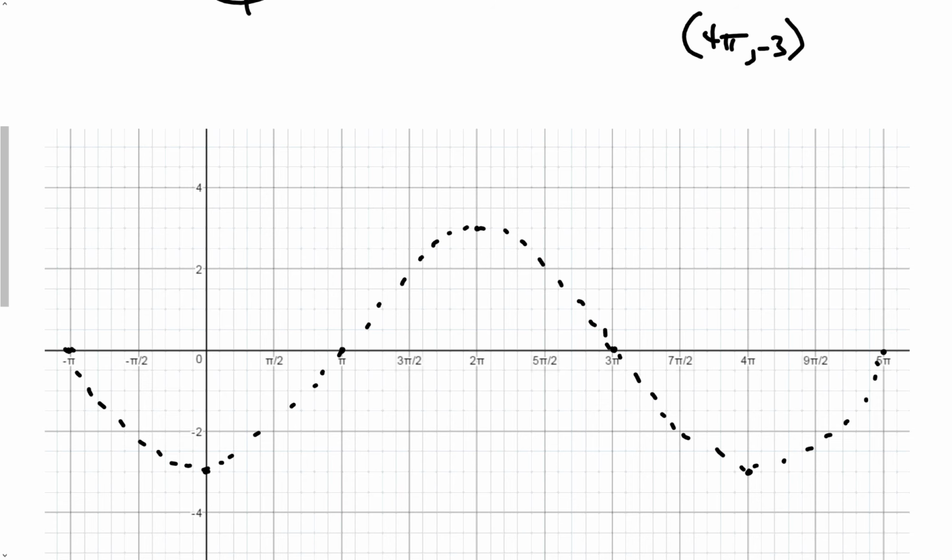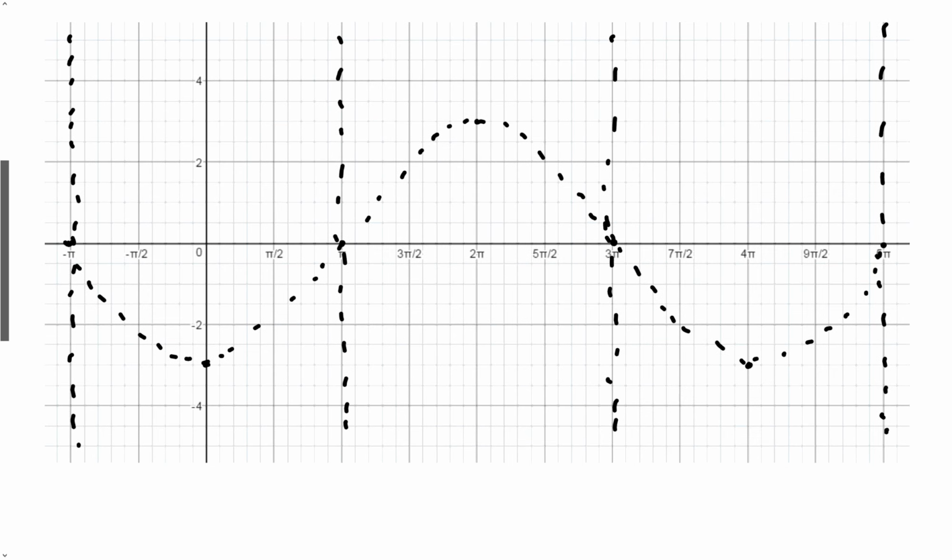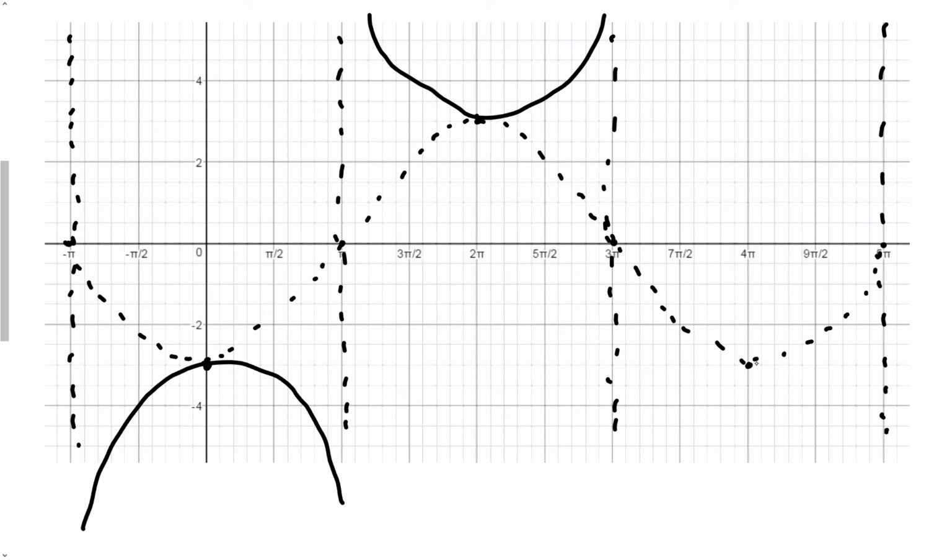Okay, now that I have the underlying dotted function, the intercepts become asymptotes. And let's get a little bit more room here. That's the key point. So my graph looks kind of like this.